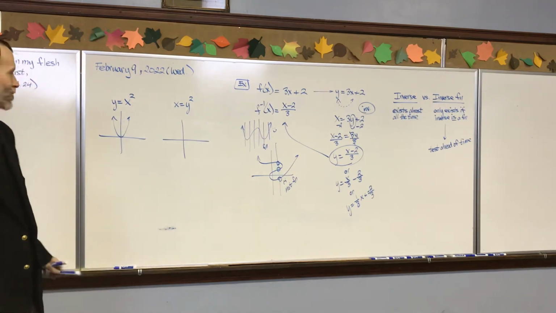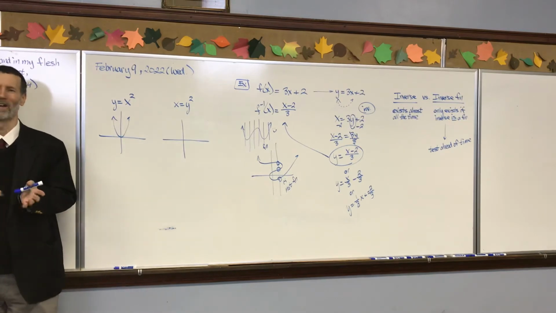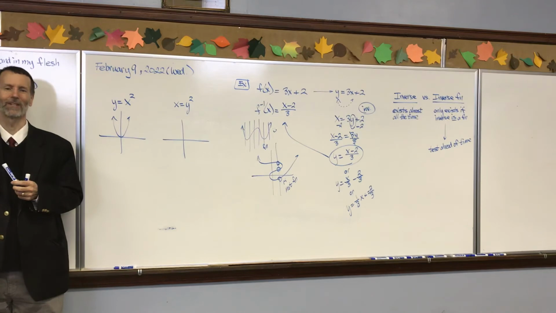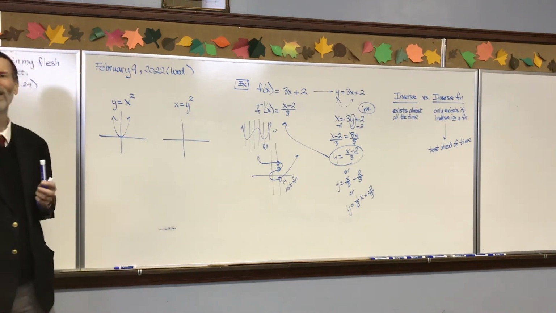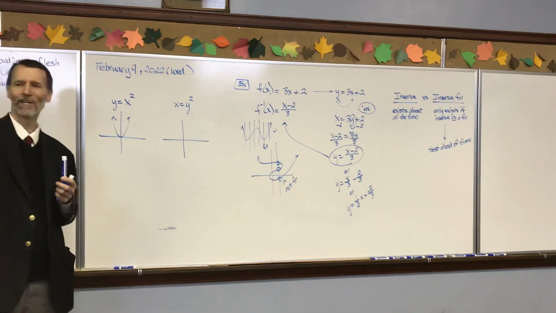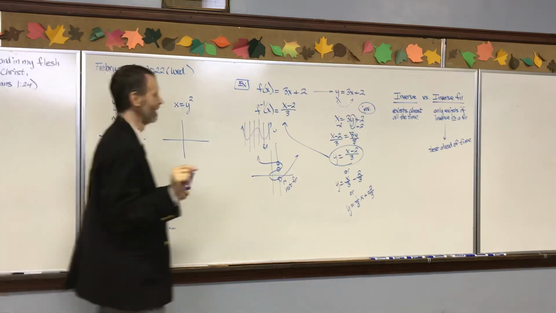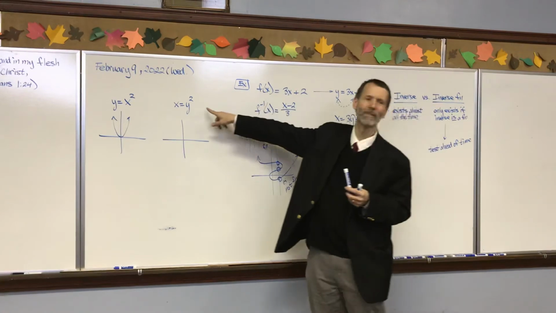I switched y and x, which means I just reflected over what? Which of the 5 reflections did I just do? Switching the x and y does what? It's over the line y equals x.